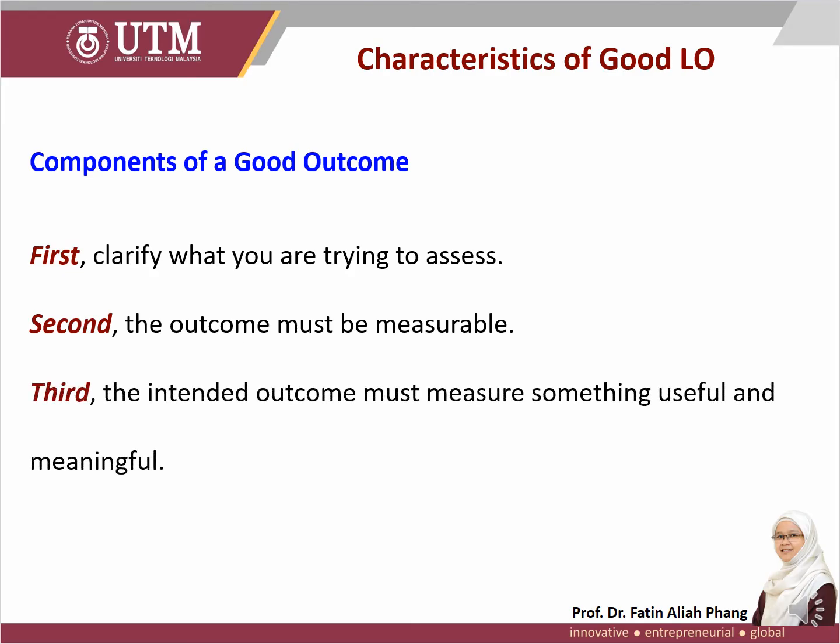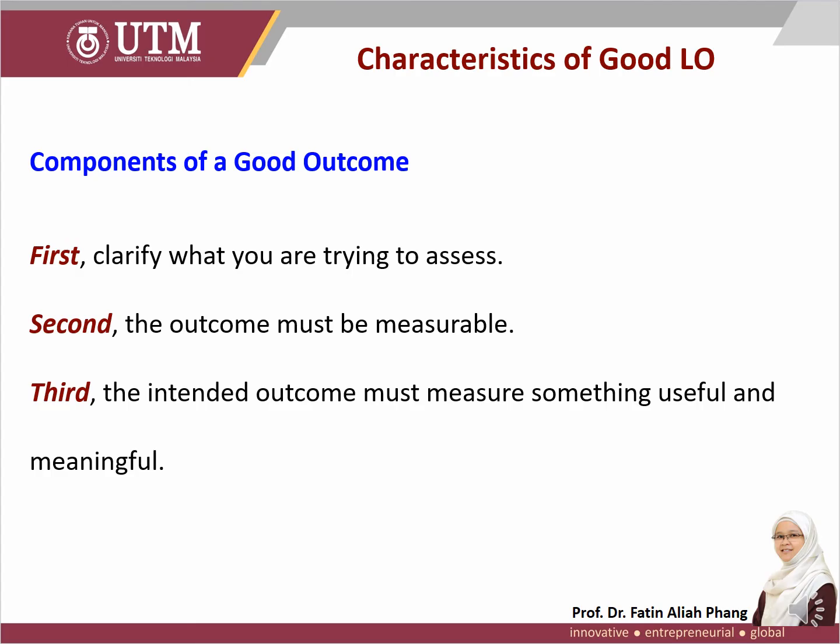Number 3, the intended outcome must be something that are useful and meaningful. Meaning that, for example, the course that I was talking about, the chemistry experiments. Now the students should be able to design an experiment for the students. So that's the end goal.